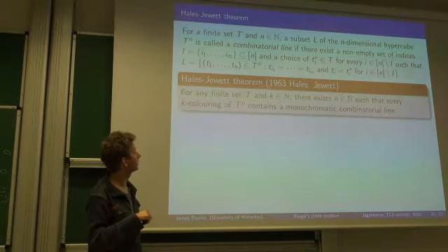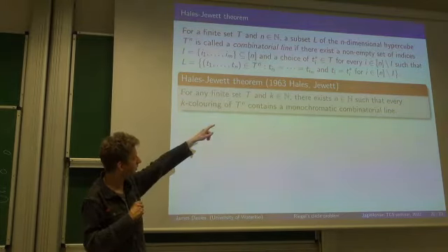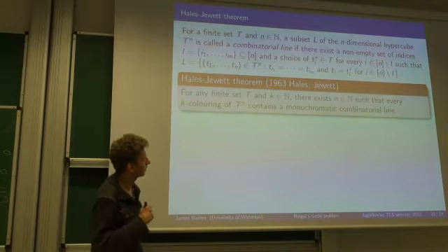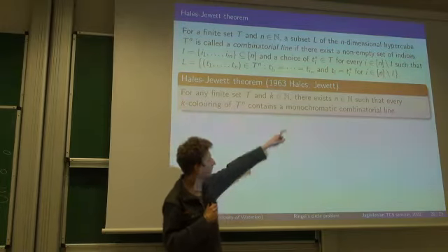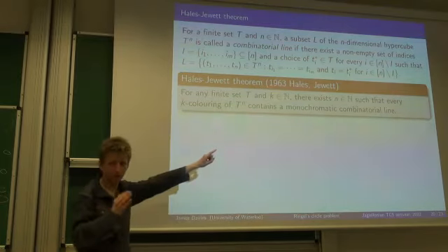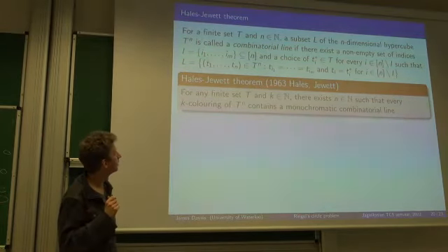A combinatorial line consists of a subset of our n-dimensional hypercube, made from some non-empty index set, indices for the coordinates of the hypercube.